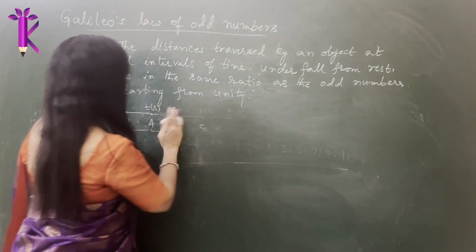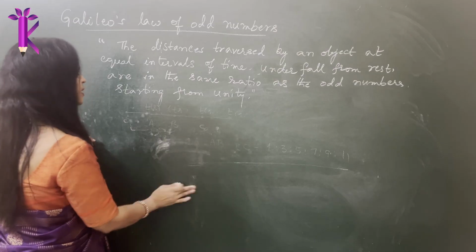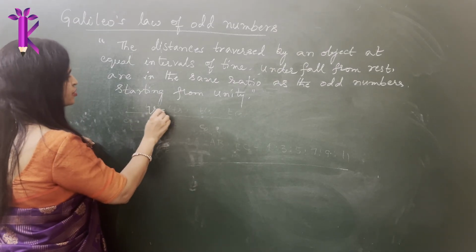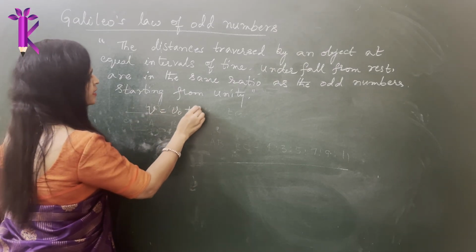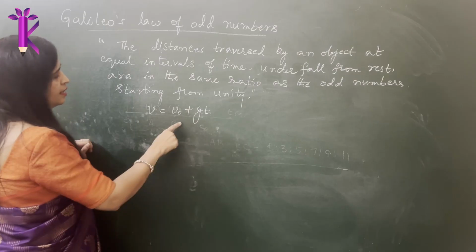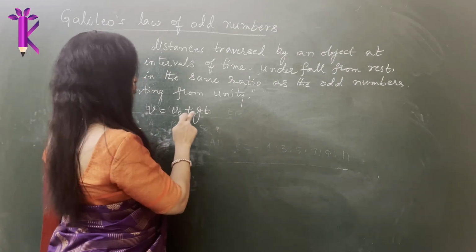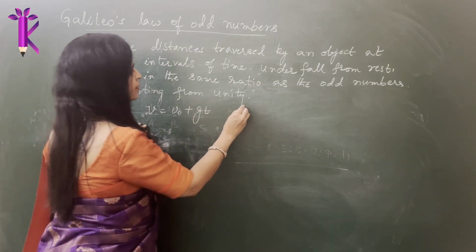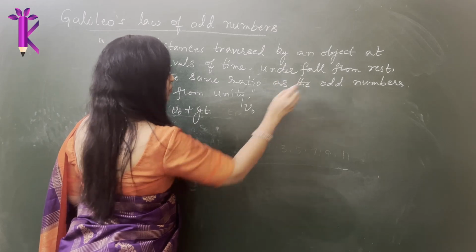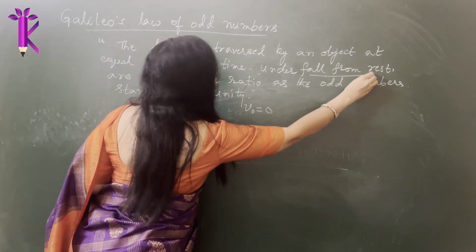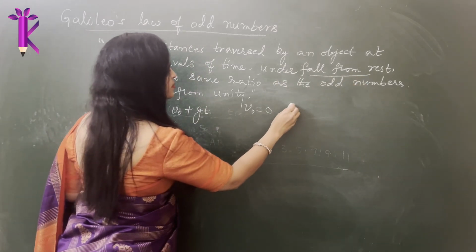To prove this, I'll assume the equation of motion v is equal to v naught plus gt. It is under free fall, so assuming g to be positive, and v naught is from rest, so v naught is 0. It says it falls from rest, and all the times are equal.